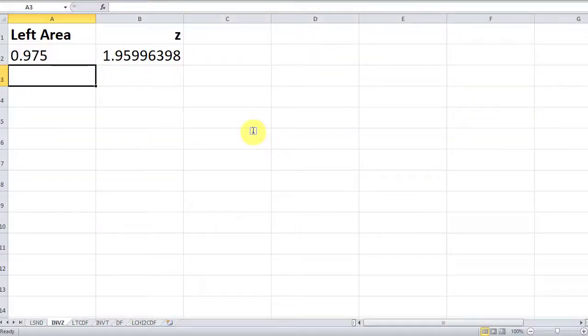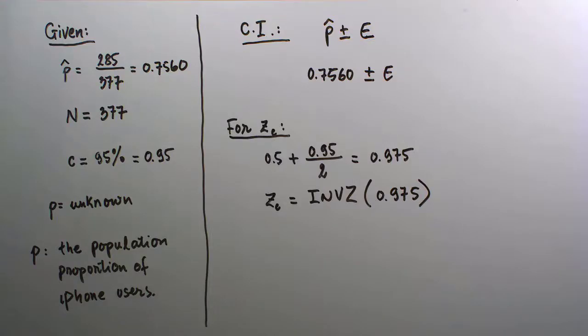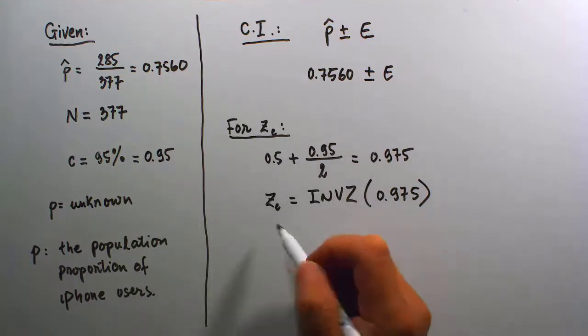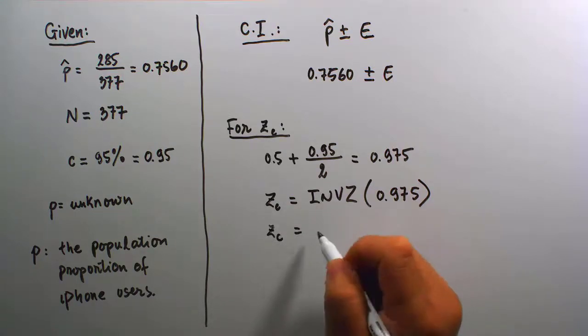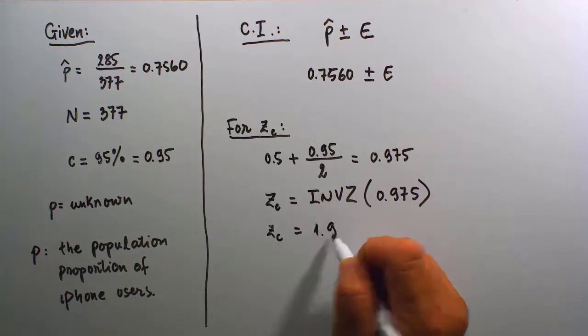On my screen with the INVZ program, with the left area being 0.975, the z-score comes out as 1.95996 and a lot longer. I only need 3 decimals here, so my final z sub c is concluded to be 1.96.